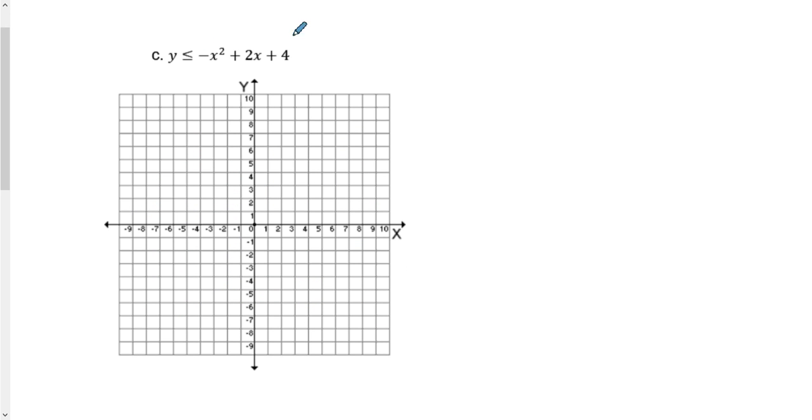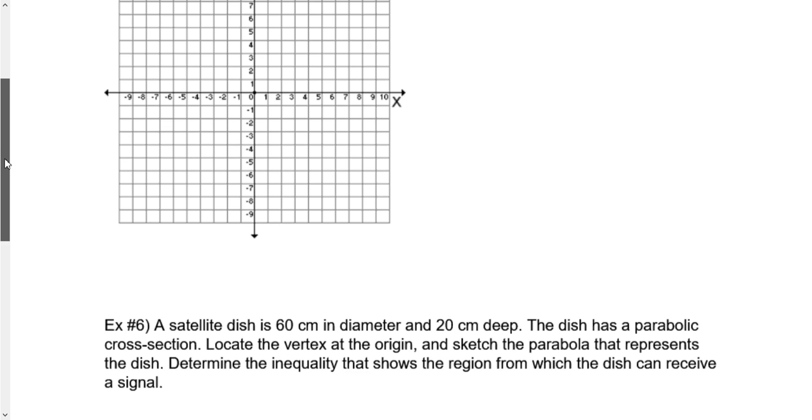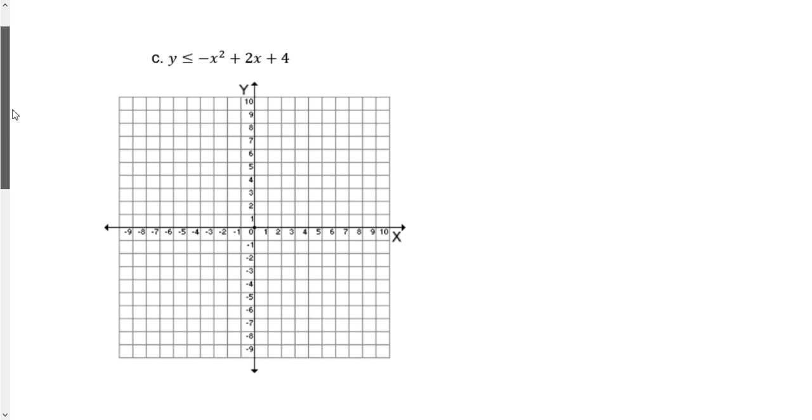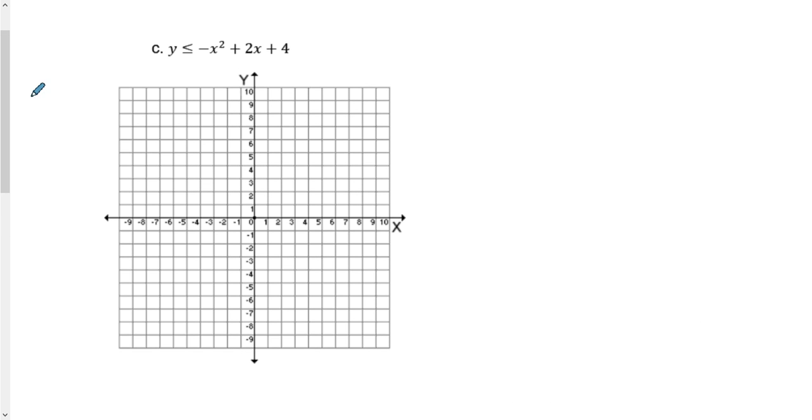Okay. So we have here, and then we'll get back into a word problem with that. Yes, we are going to do that word problem just because it does do some nice skills. Okay, so y is less than or equal to negative x squared minus 2x minus 4.